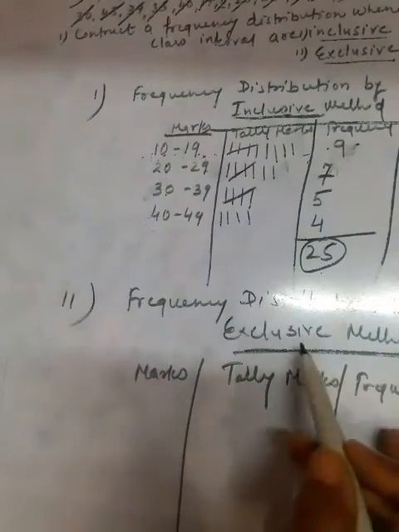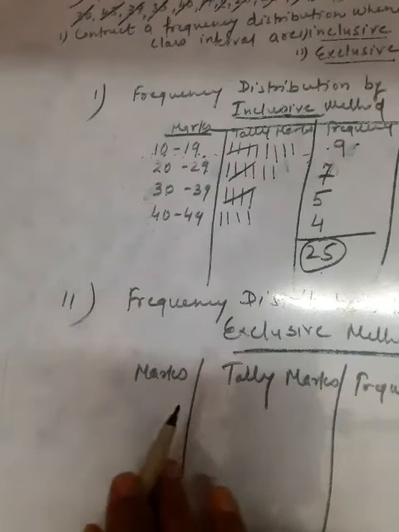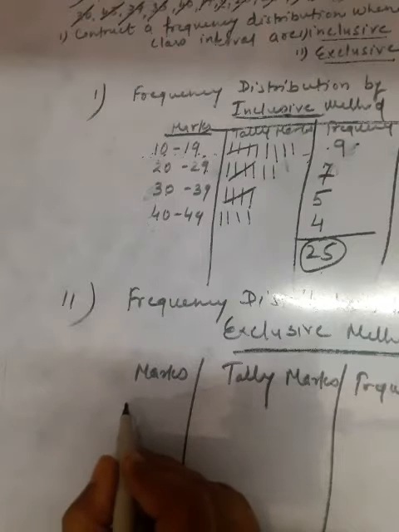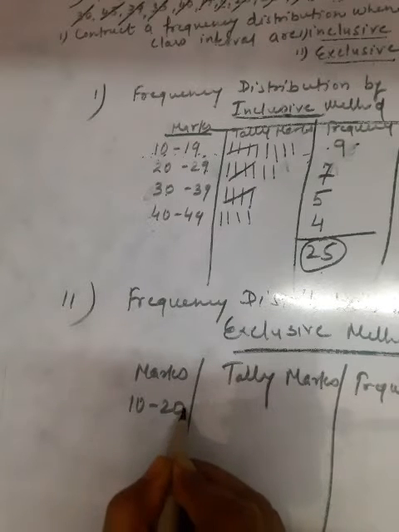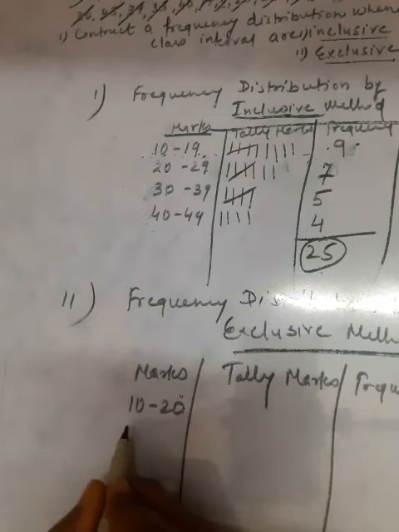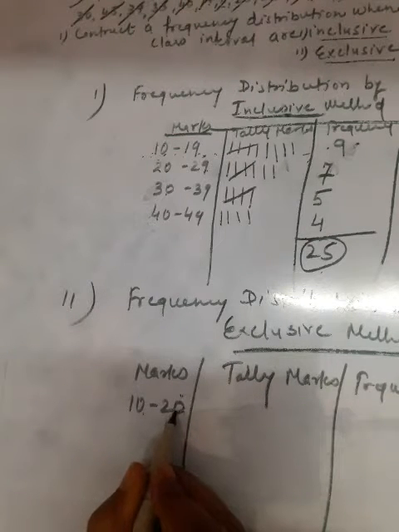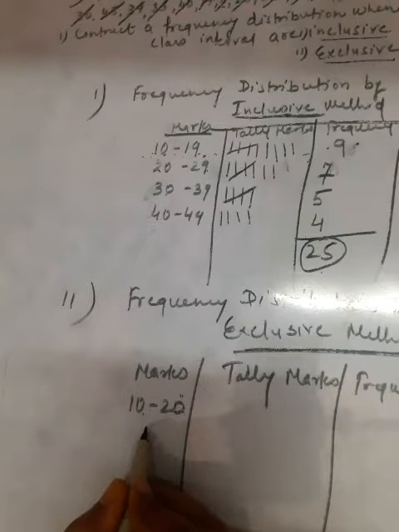But in an exclusive series, the upper limit of the class interval is counted in the next immediate class. Suppose I take 10 to 20. Here 20 is the upper limit. The upper limit will not be counted in this class, but will be counted in the next successive class.